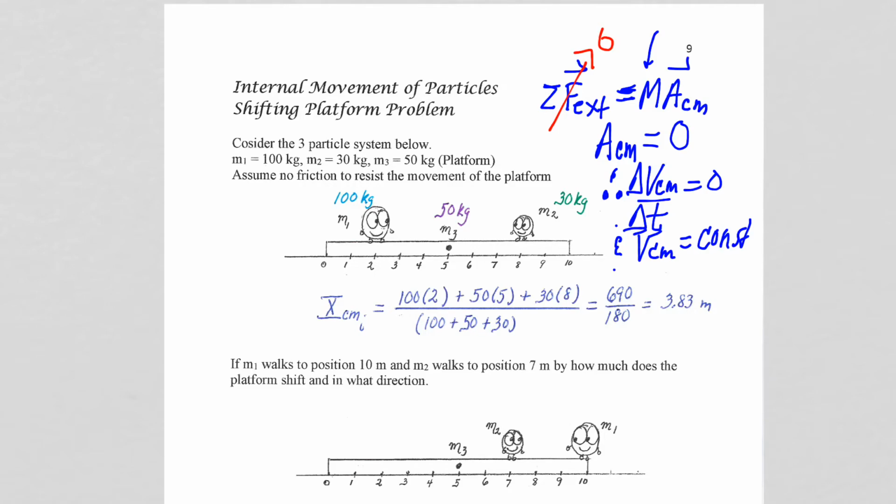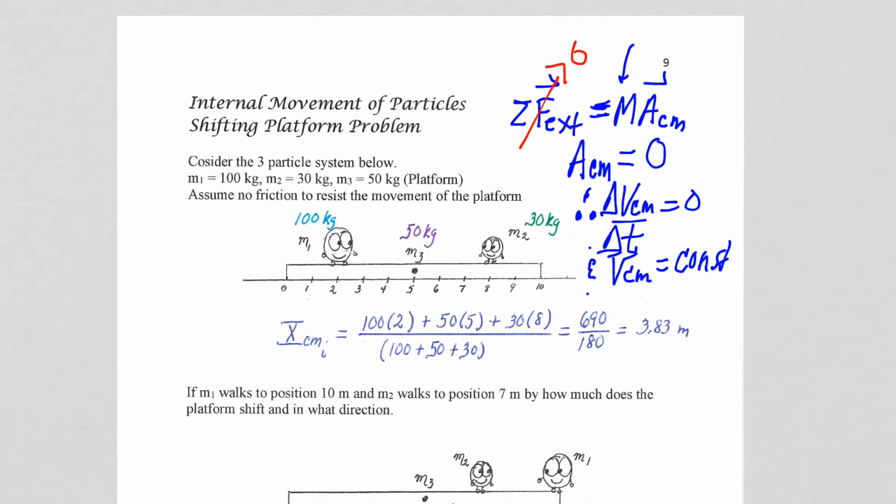All right, so let's first start out our analysis of what's going on here by just calculating the center of mass initially. So the center of mass initially is based on their initial positions and the total mass of the system. So we have M1 X1, M2 X2, which is at 8, and we have M3, 50, X3, which is at 5, divided by the total mass of 180.